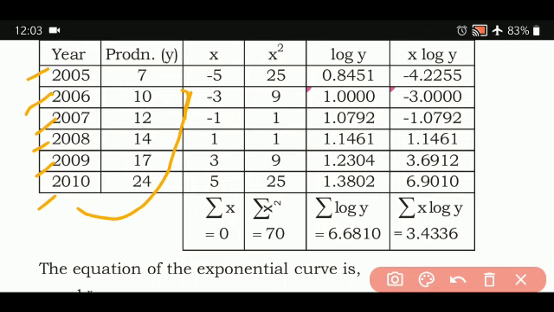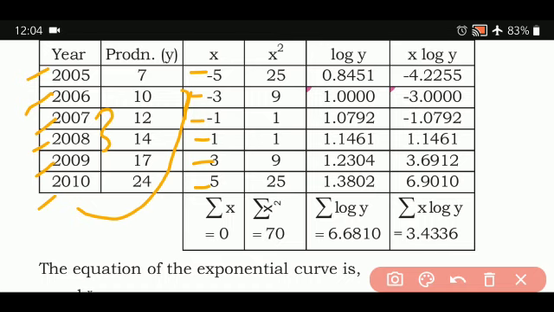And how has that come? 2007 plus 2008, you add those 2 years, divided by 2, then subtract all that from each year, then you get minus 1, minus 3, minus 5, 1, 3 and 5.